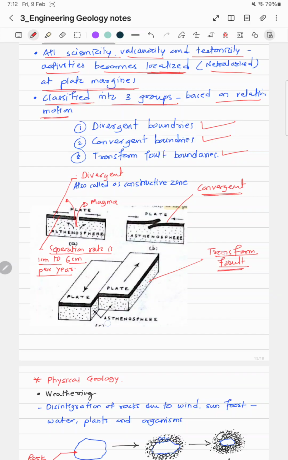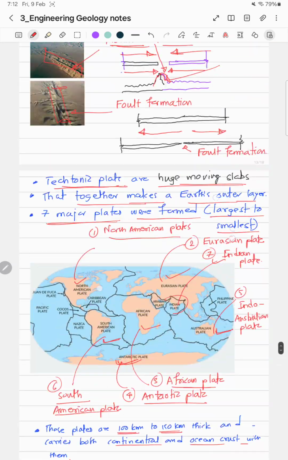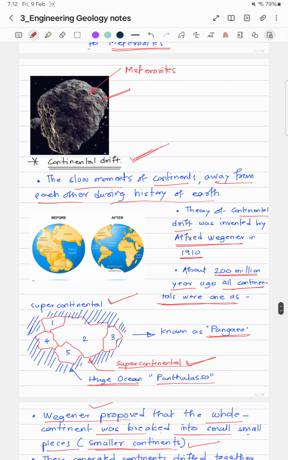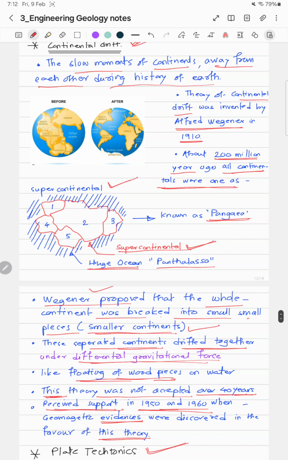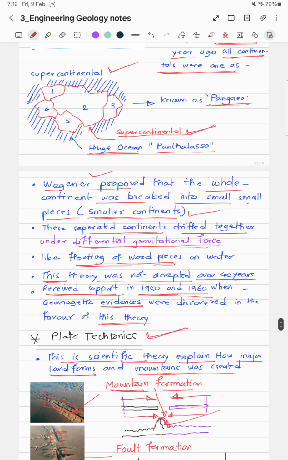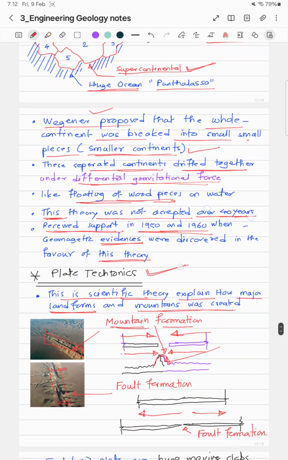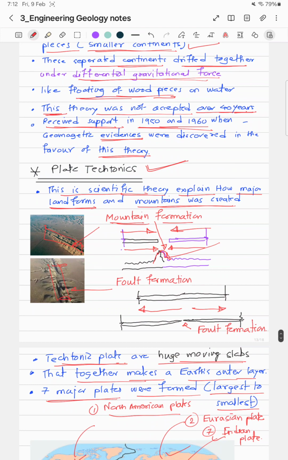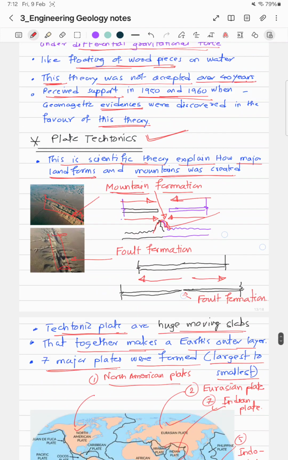Okay, so today we have seen continental drift. What is meant by continental drift? What are supercontinents, and who proposed the theory of continental drift? What is meant by plate tectonics, how mountains and faults are formed?